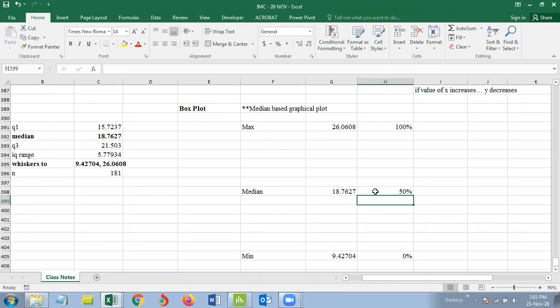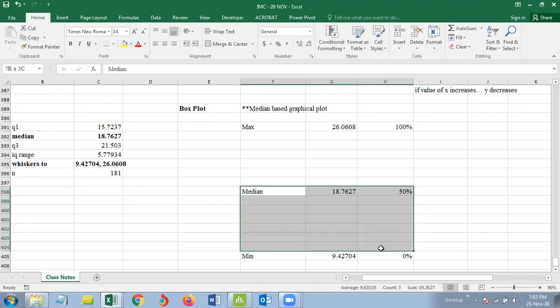Okay, now, if I want to find another median in this area between 0 and 50%, what percent would that be in between? If I want to find a median here in the lower 50%, what percentage would that be? Anyone?